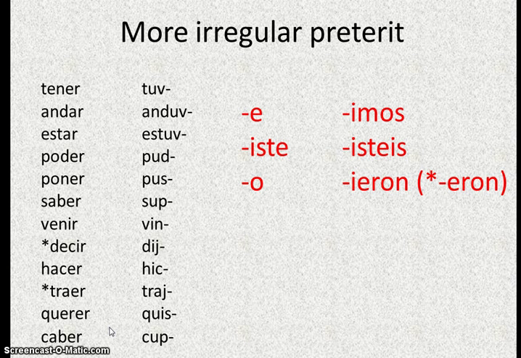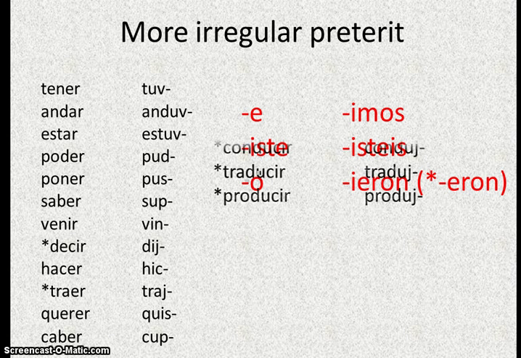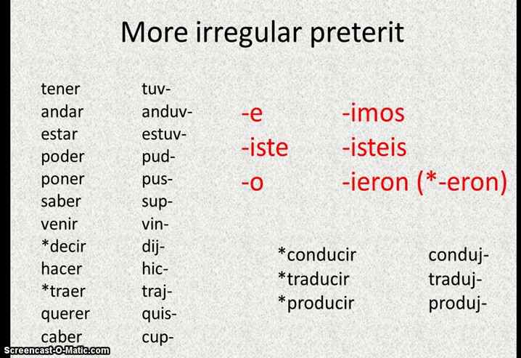And as you see, the verbs that have the asterisk will implement the eron in the third person plural. Some other verbs that are irregular in the preterite are conducir, traducir, and producir, which all implement the J at the end of the verb, and we'll use these irregular endings also.